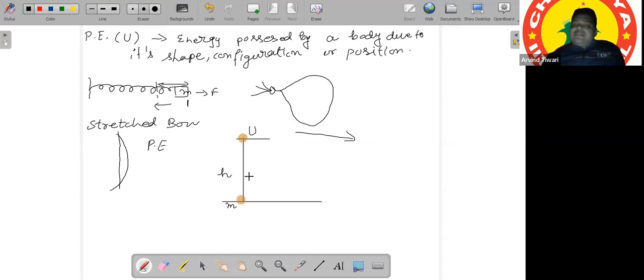So basically we will be studying potential energy due to gravitation, and we call that gravitational potential energy. For class 9, we will mainly be studying gravitational potential energy, right?